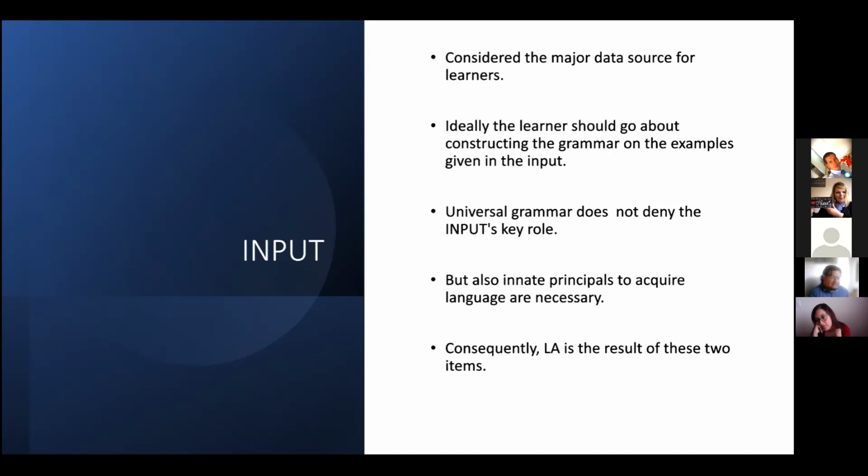Since babies, we assimilate the language, and those abilities that we have since the beginning help us understand the objective of the language that we are learning, right? So in second language acquisition, it is going to happen if these two are present: the innate principles from learners, and also the input. Both are important in this case.